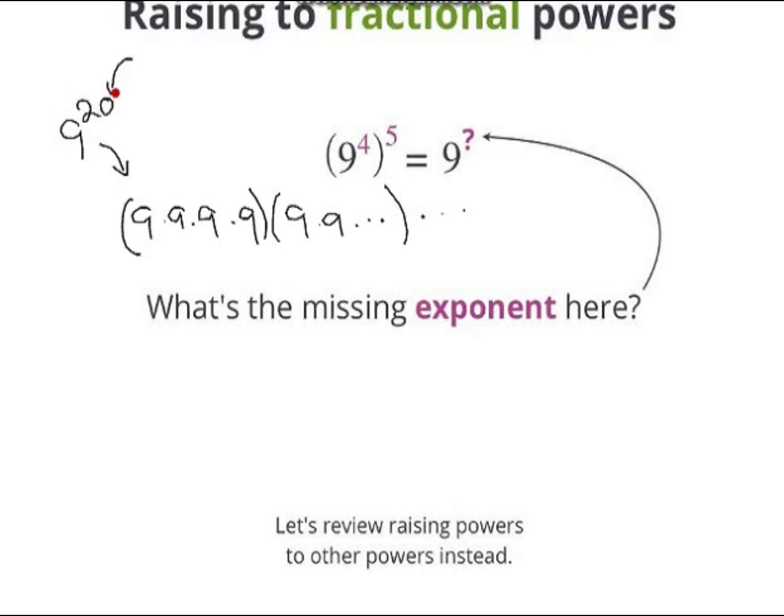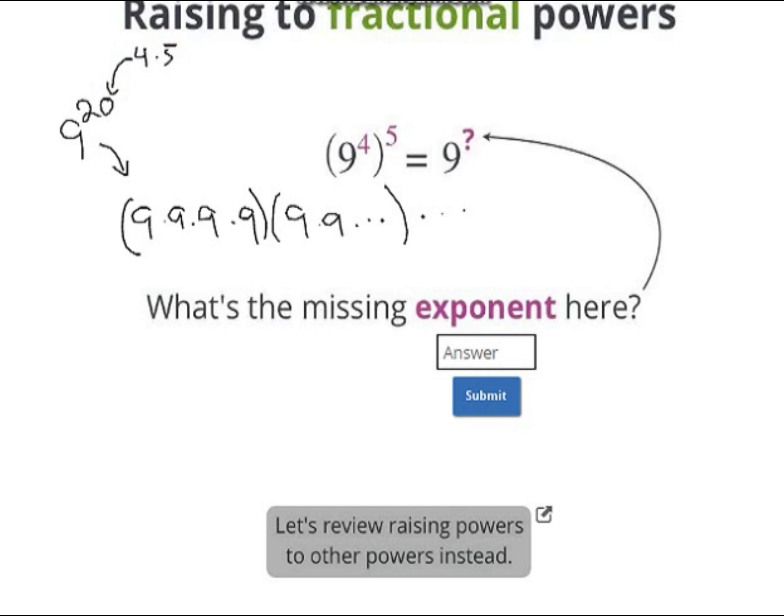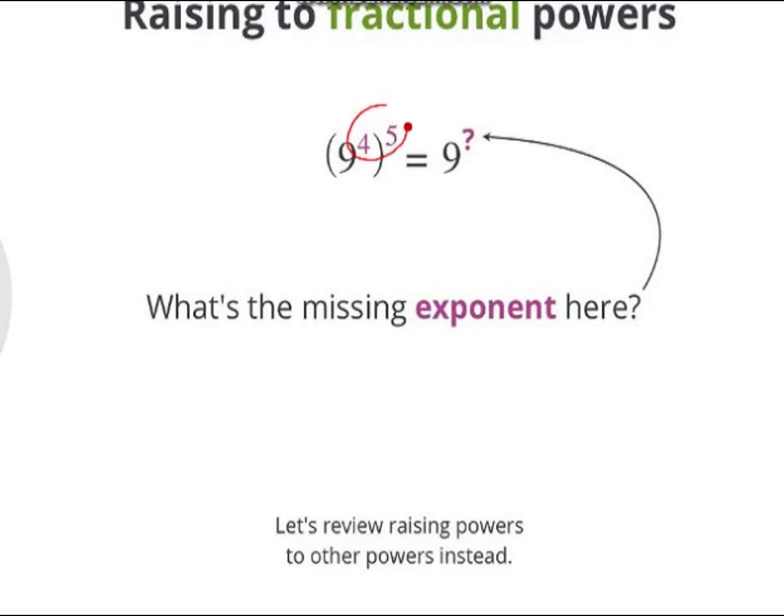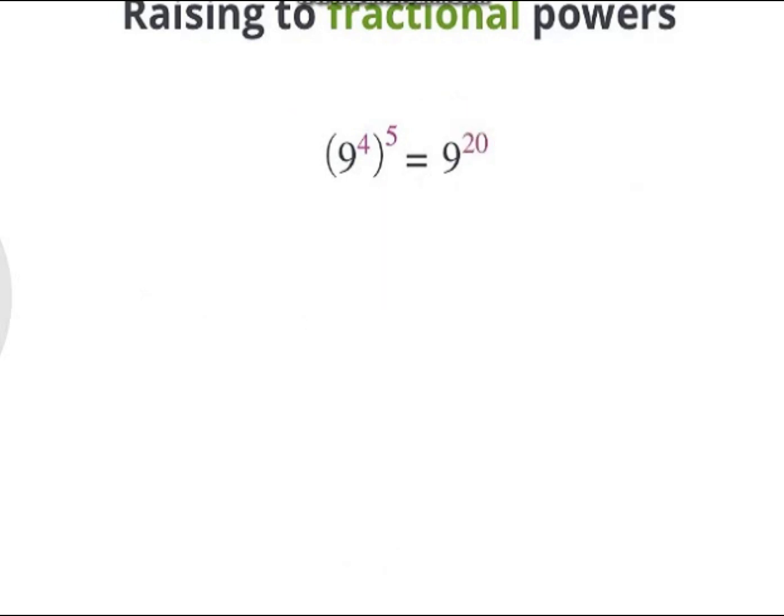Notice that that 20 came from a 4 times a 5. When you raise a power to another power, you can multiply the exponents together. So 4 times 5 equals 20, meaning 9 to the 4th raised to the 5th equals 9 to the 20th.